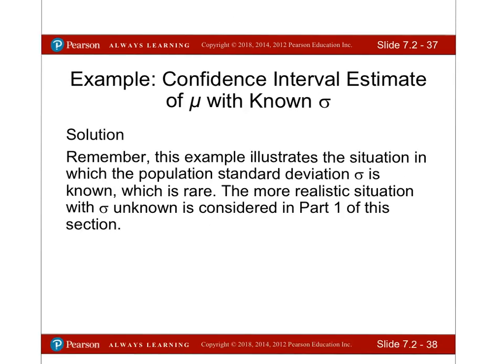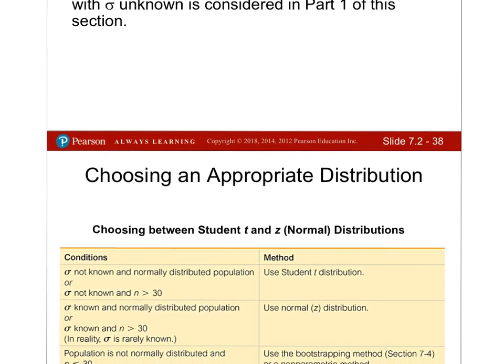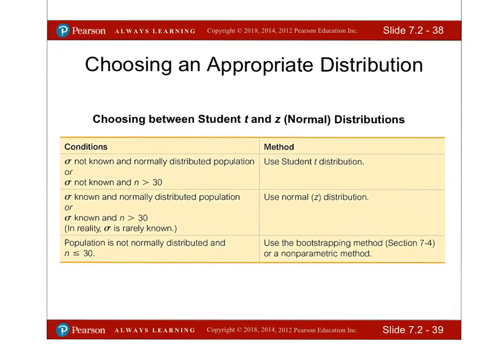So, like we say, knowing sigma is not usually the way it works in real life. Most of the time we don't know sigma. All right? So here's just a little key to remind you which ones to use. I would pencil in here the error formulas, right? Because that's the real big difference.